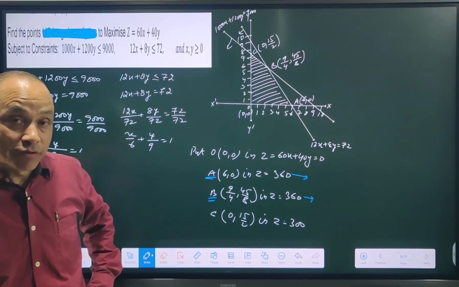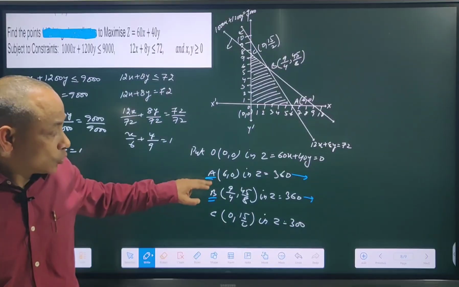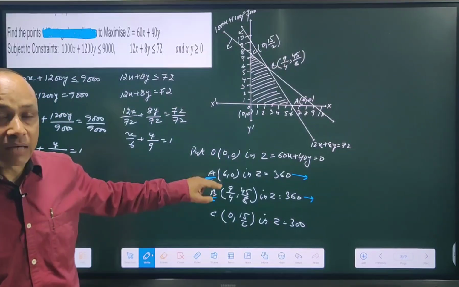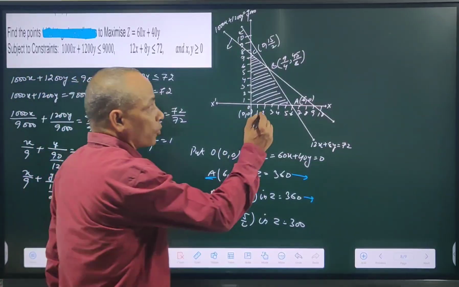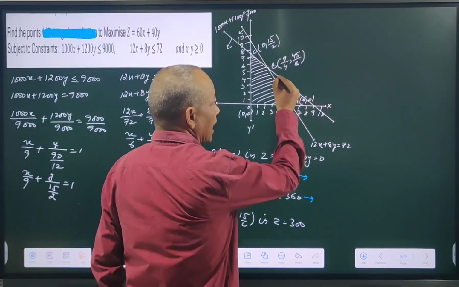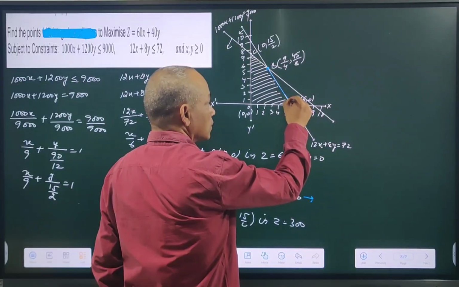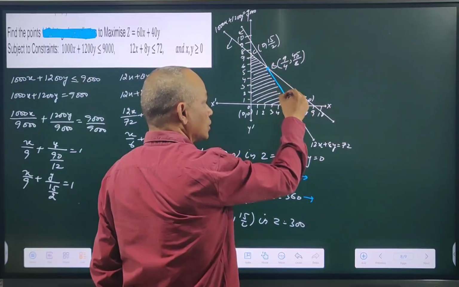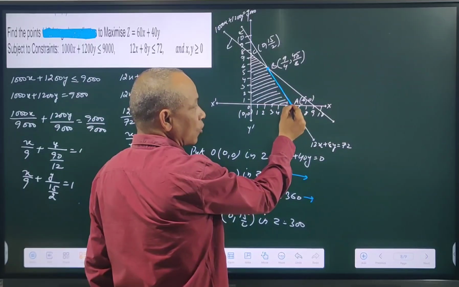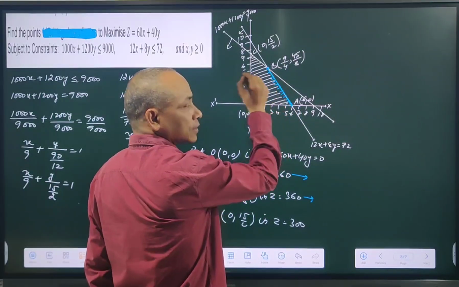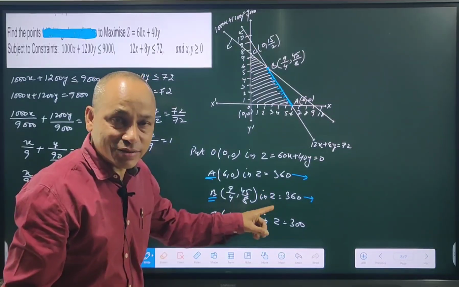This point you have to remember, which is very important: if at 2 points the maximum value of Z is same, then at all points which lie on the line segment joining point A and point B, the value of Z will be same, and that is 360.